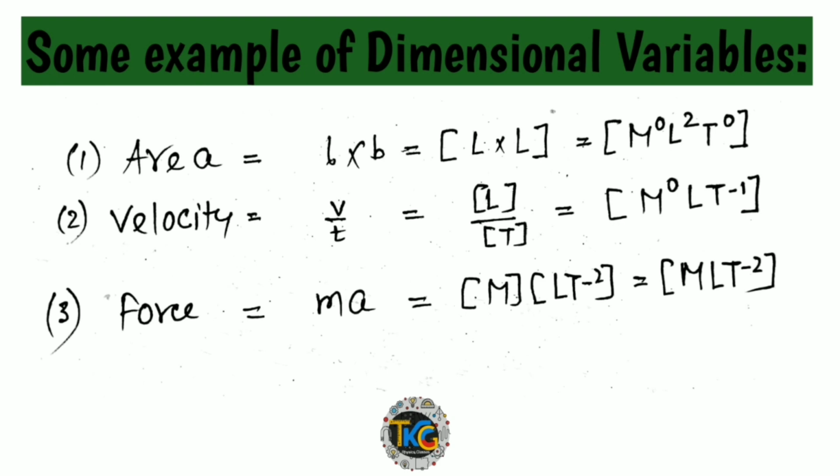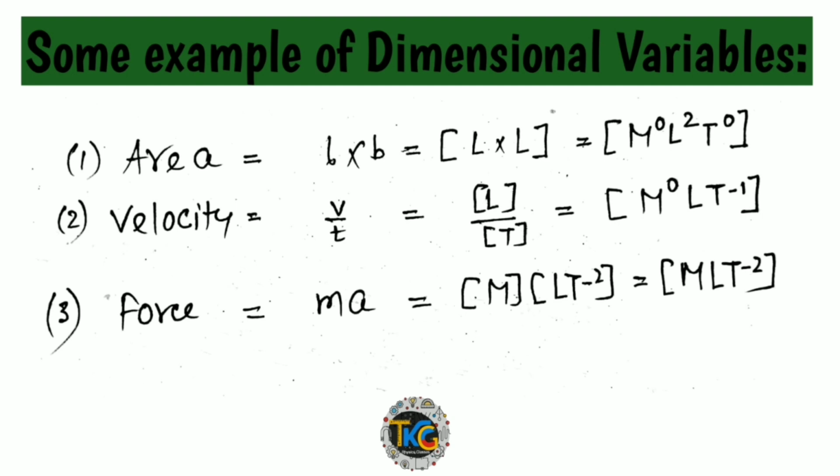Suppose a rectangle has sides 5 meter and 2 meter. Then its area will be 5 into 2, that is 10 meter square. Here its magnitude value is 10. But if I say a rectangle has sides 5 meter and 3 meter, then its area will be 5 into 3, that is 15 meter square.